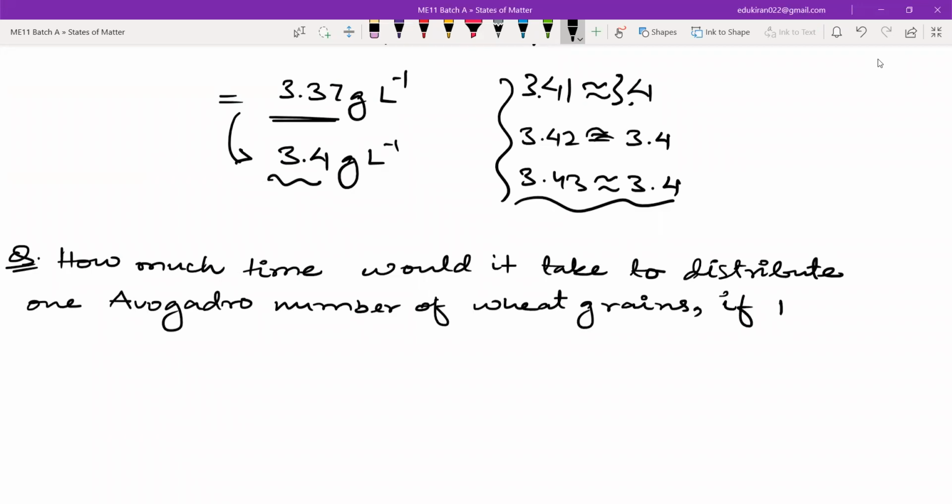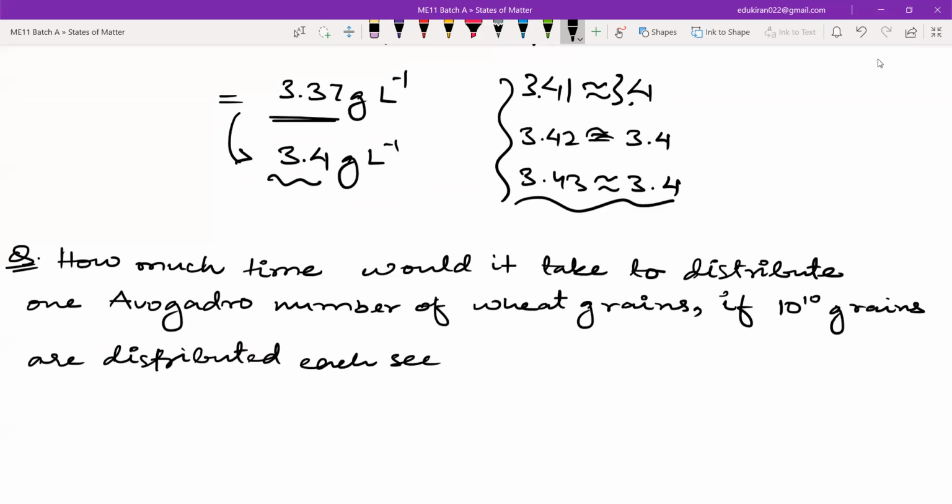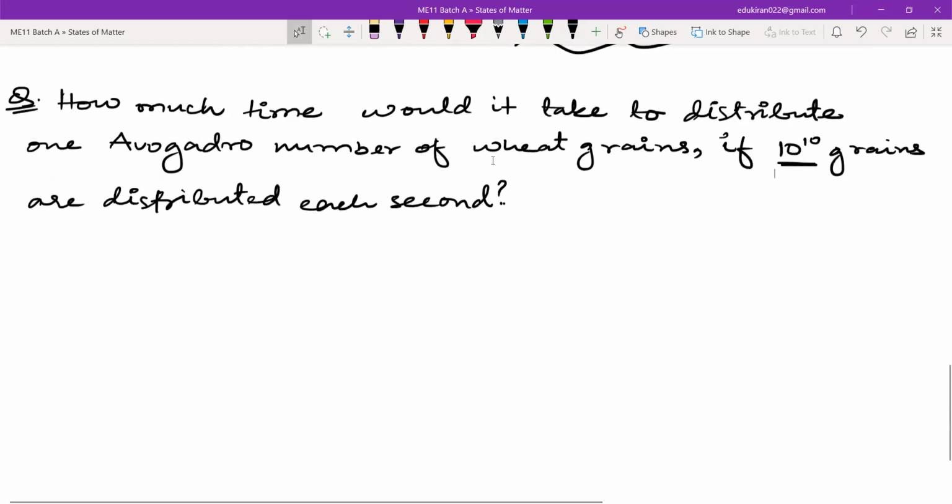If 10 to the power 10 grains are distributed each second, this is also a huge number, right? Each second you are distributing 10 to the power 10 grains. You have to tell me how much time will it take to distribute 1 Avogadro number of wheat grains. Okay, you can do this.